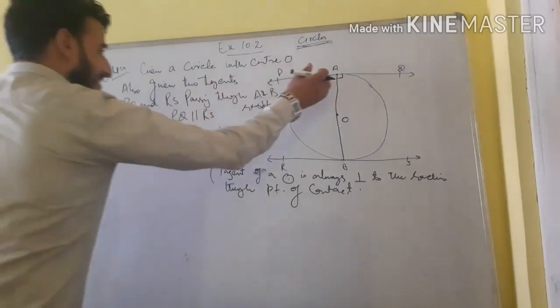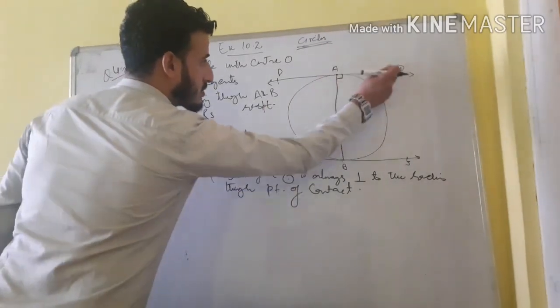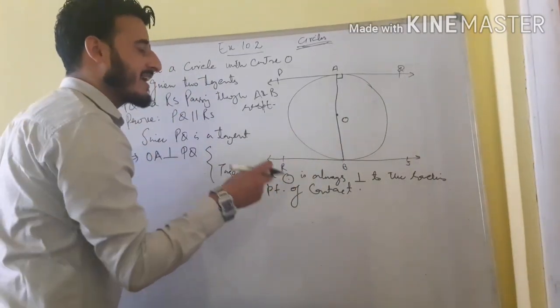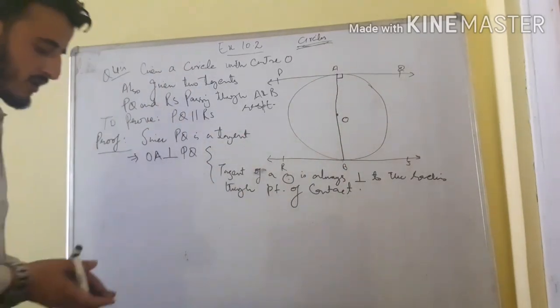So if this angle is 90 degrees here, we can write angle OAQ is 90, or instead of writing angle OAQ, I can write BAQ.